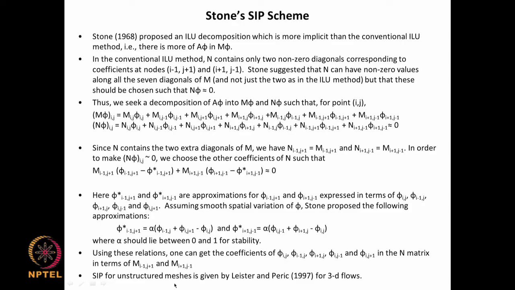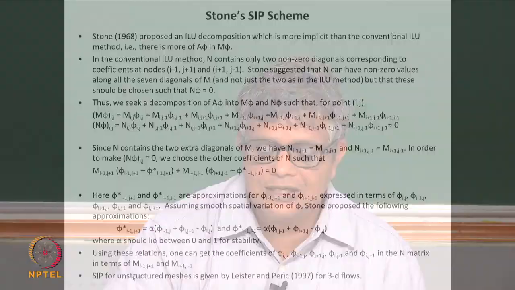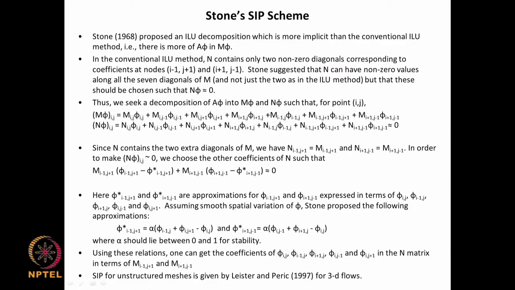So, when you are looking at complicated geometry, irregular geometry like finite difference methods, where there is a diagonal structure, okay, in a way we make use of the diagonal structure, but it is possible for us to have not a triangular mesh, but if you have a quadrilateral 2D or a cuboidal 3D kind of thing, then it is still possible to get some diagonal structure, and for unstructured meshes you have an extension of this method by Lester and Perich 1997.